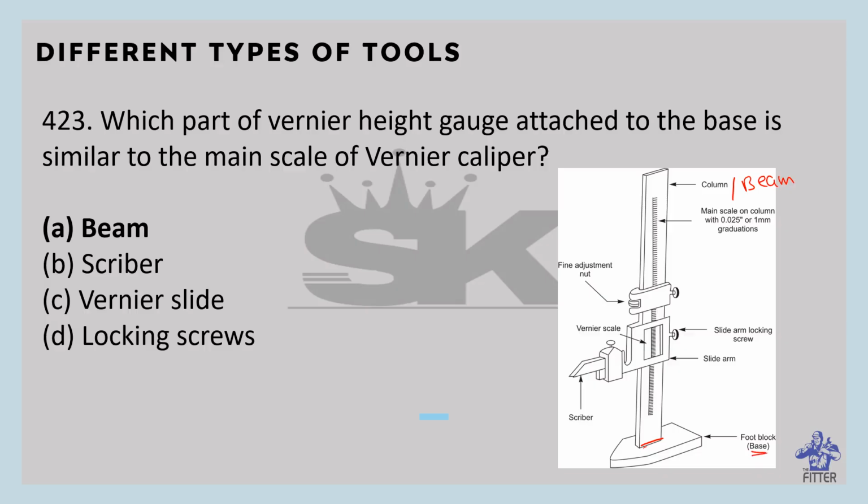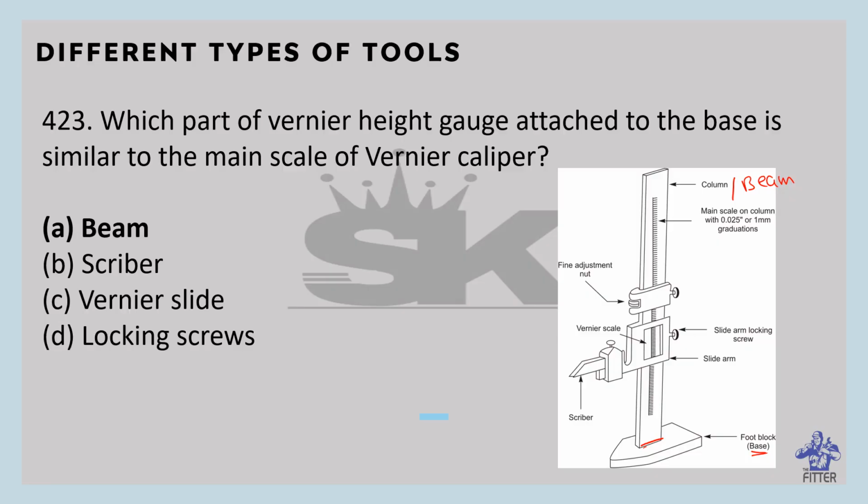The main parts of the vernier height gauge are base, beam, vernier slide, scribe. Coming to the base, this is the datum with which measurements and setting are made. And coming to the beam, this is similar to the main scale of a vernier caliper and attached to the base.